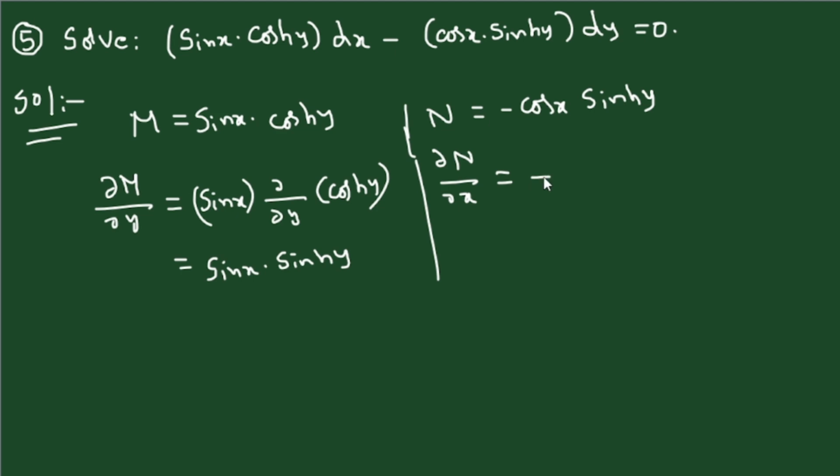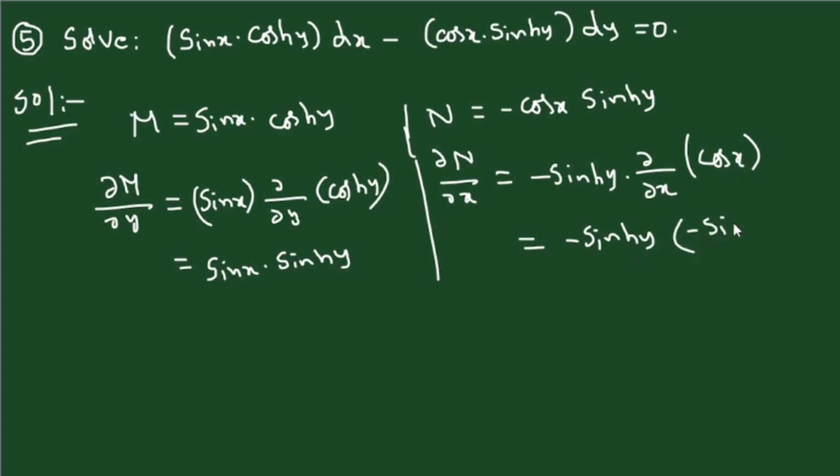Differentiating with respect to x, you can take minus sin hy out, and dou by dou x of cos x, this is minus sin hy multiplied by derivative of cos x is minus sin x. Therefore, minus into minus plus sin x into sin hy.